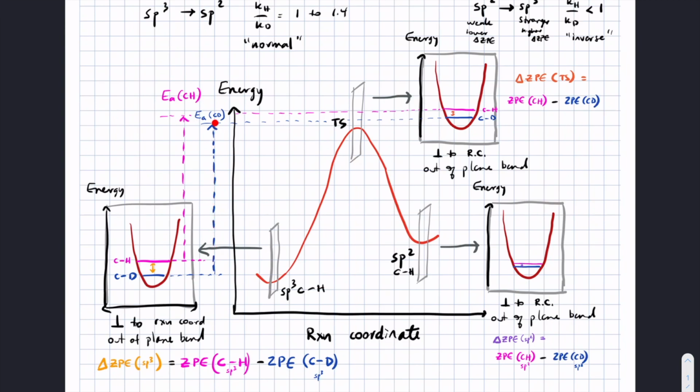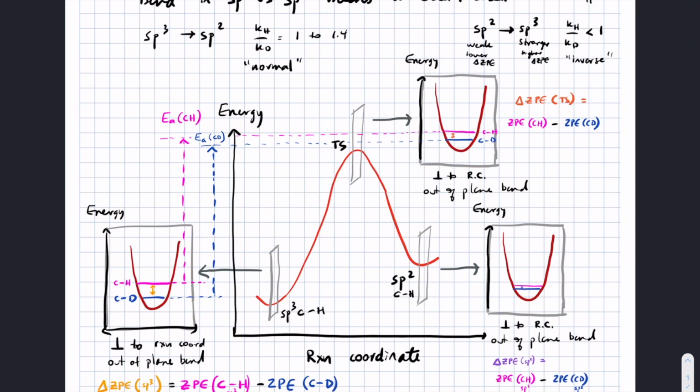That tells you that deuterium is slower than hydrogen in this rehybridization reaction. And for these kinds of kinetic isotope effects, we expect something in the range of 1 to 1.4 or greater than 1 for going from sp3 to sp2. And we call that a normal secondary kinetic isotope effect.